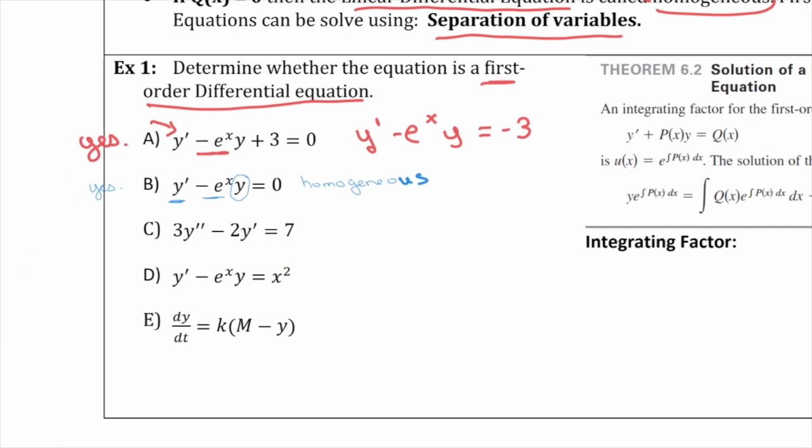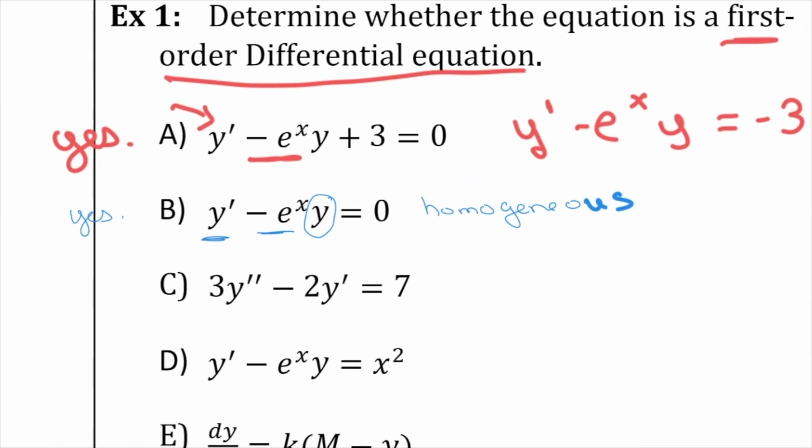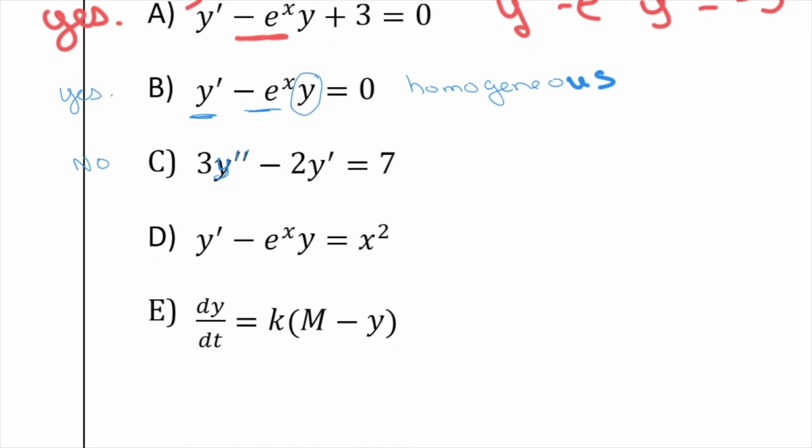Now, looking at question C. Notice this says y double prime. So linear, first power. This one is a second derivative. So is this a linear first-order differential equation? And I'm hoping that you said no, because it's got y double prime. All right, looking at question D. Again, I have y prime.